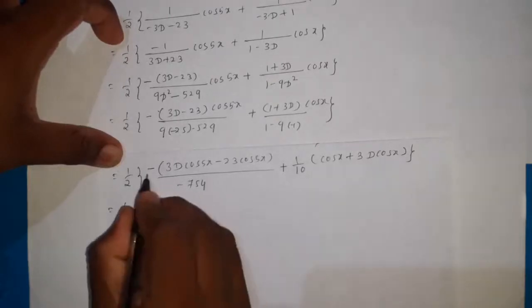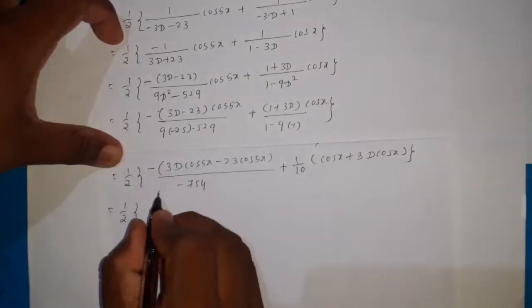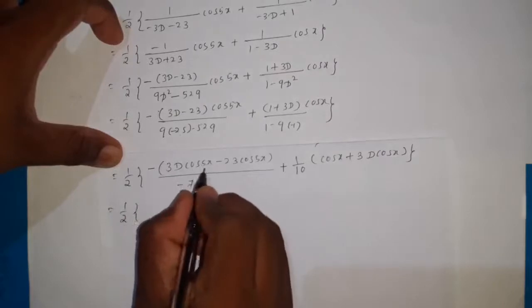1 by 2, minus into minus becomes plus, then here 3 into differentiation of cos 5x.